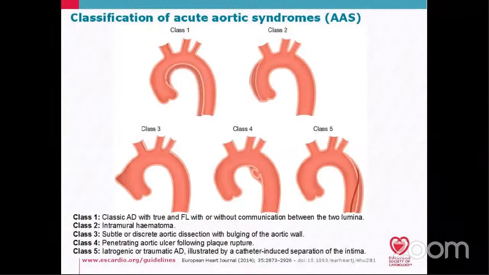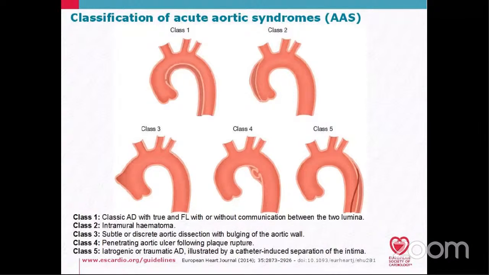Class 2 is the intramural hematoma type, and class 3 is the discrete aortic dissection with a localized bulging of the aortic wall. Class 4 is the penetrating atherosclerotic ulcer, which is caused by a rupture of an atheromatous plaque of the aorta.